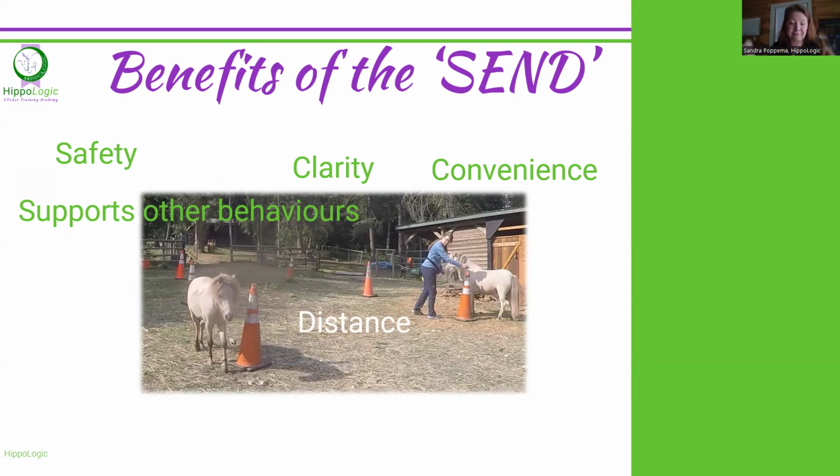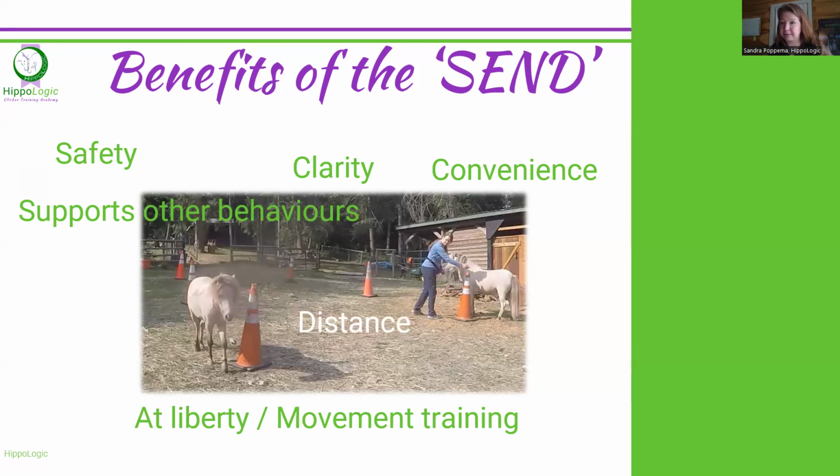So even when there's a fence between you and your horse, once you can do this, you can train many other behaviors, even when your horse is untouched at the moment. And it's also the first step in at liberty or movement training. So as you can see, there's lots of reasons to train your horse a send with positive reinforcement.